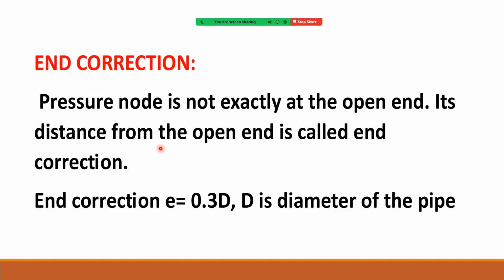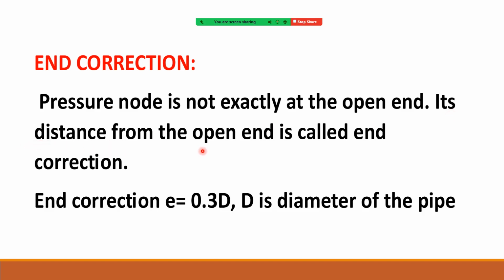Next, we have one point here: end correction. We discussed that the open end is a pressure node, but actually the pressure node is not exactly at the open end. It is slightly beyond the open end.